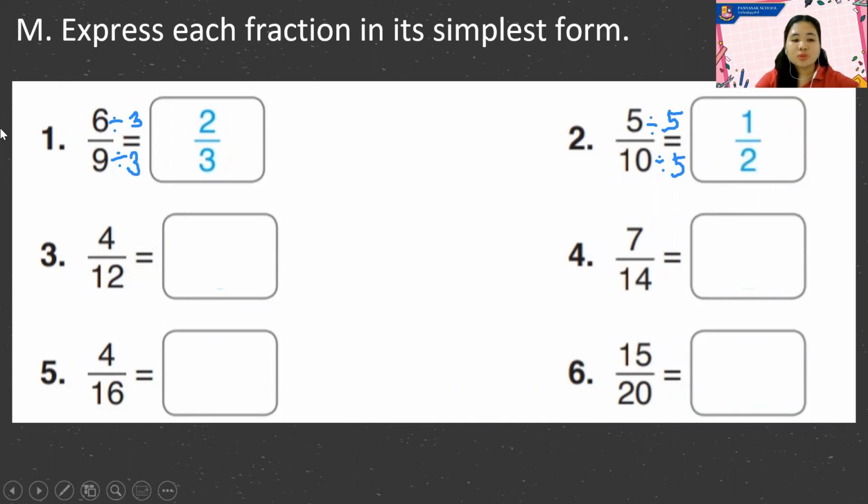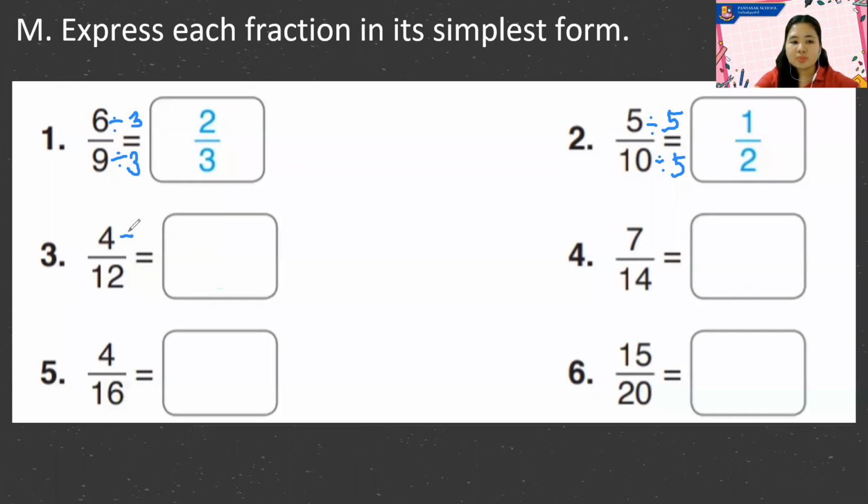Next, let's go to number 3. Number 3, 4/12. What can you divide to 4 that you can also divide to 12? That is 4.